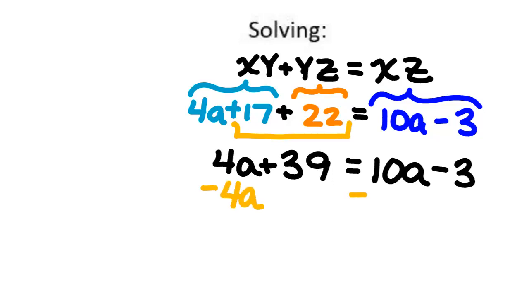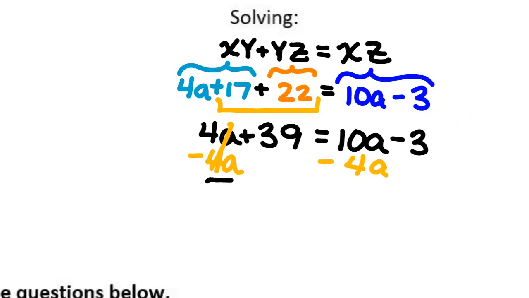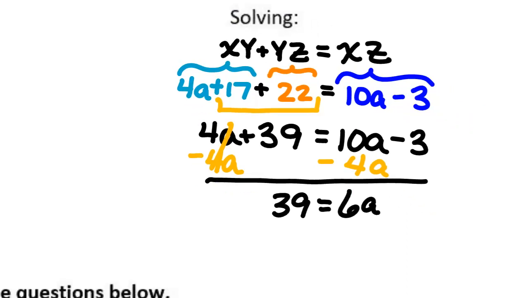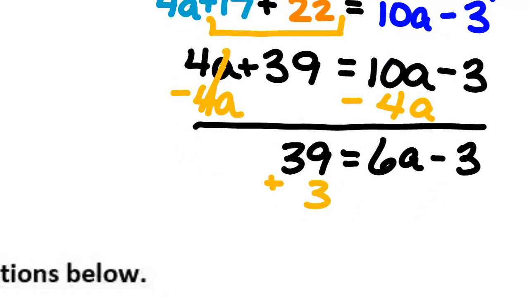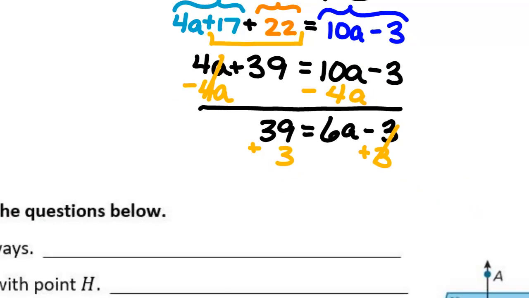Now I get my A's to the same side. And so I have 39 is equal to 6A minus 3. We add 3 to both sides. So I have 42 is equal to 6A.